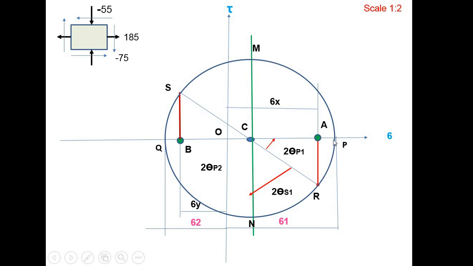So OP is the major principal stress, major principal plane, and OQ is the minor principal stress, minor principal plane. The angle from the reference plane we can measure this way, the RCQ angle. We measure this angle in a clockwise direction, so this angle will be positive.